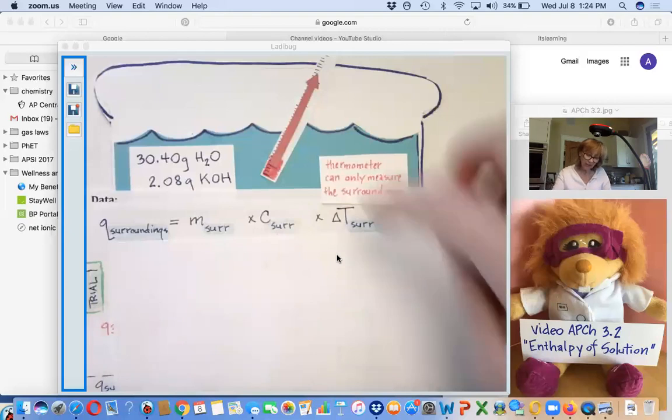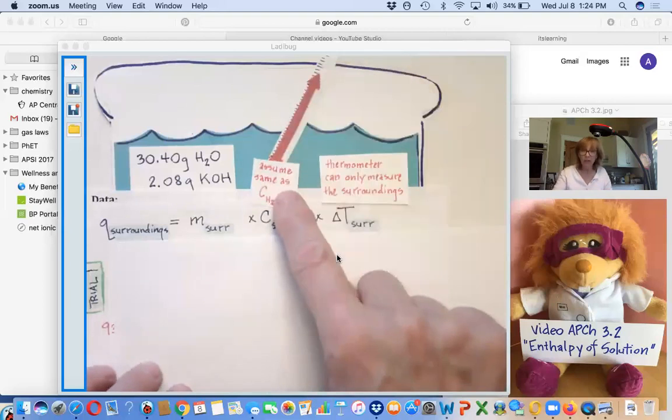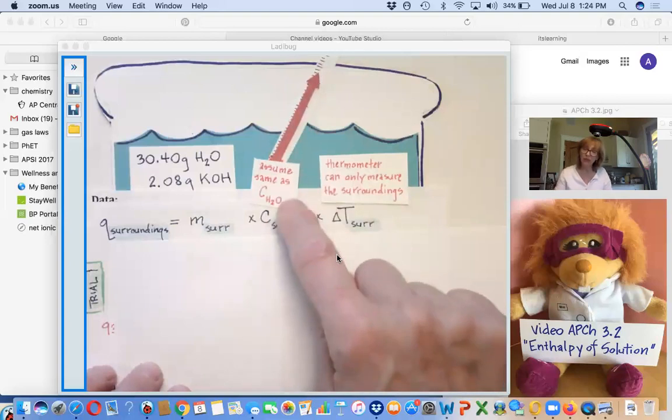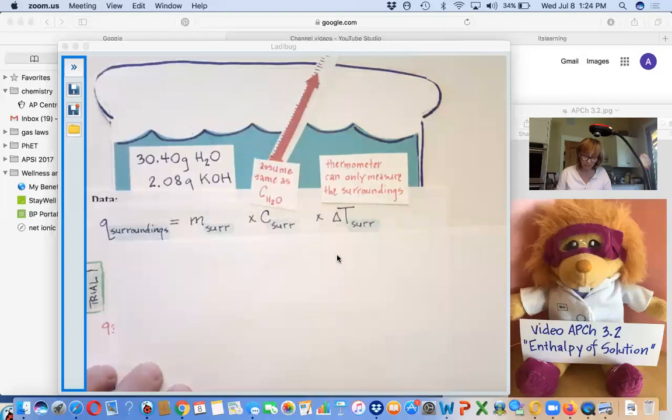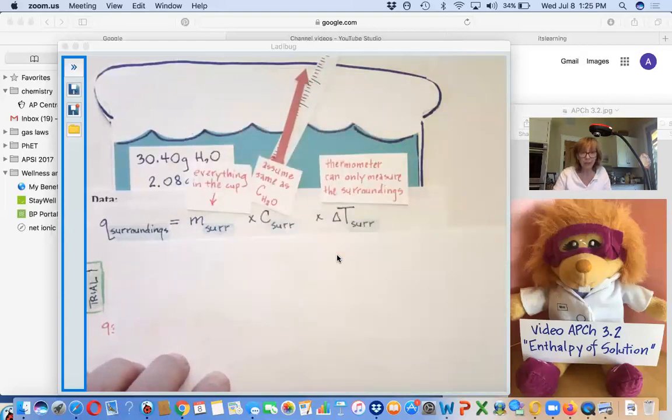Okay, the specific heat capacity of the surroundings. Again, our surroundings is a solution, and while we may not know that exact value, it is okay in these labs to assume that this value is the same as that of pure water. All right, lastly, we need to plug in mass of the surroundings. And the surroundings is literally everything we put in our beaker, everything in the cup.